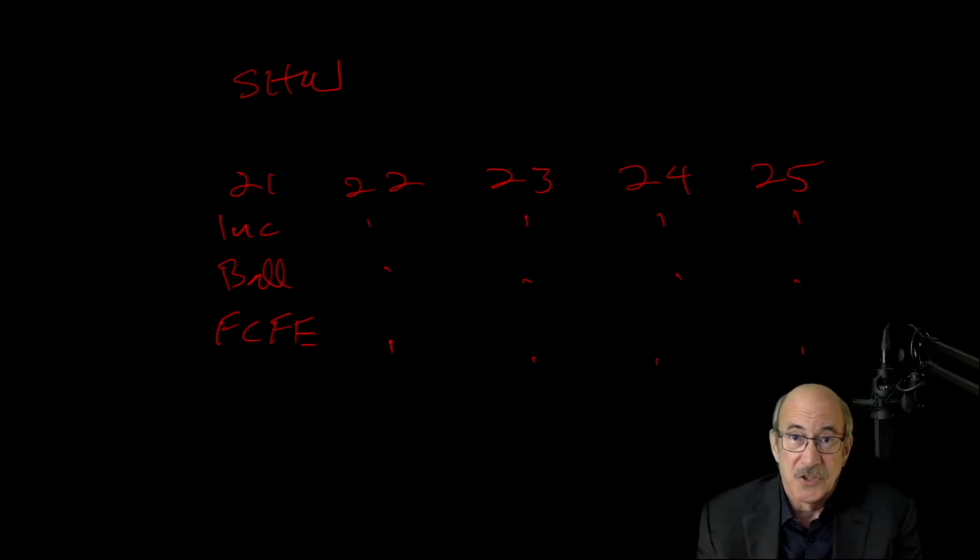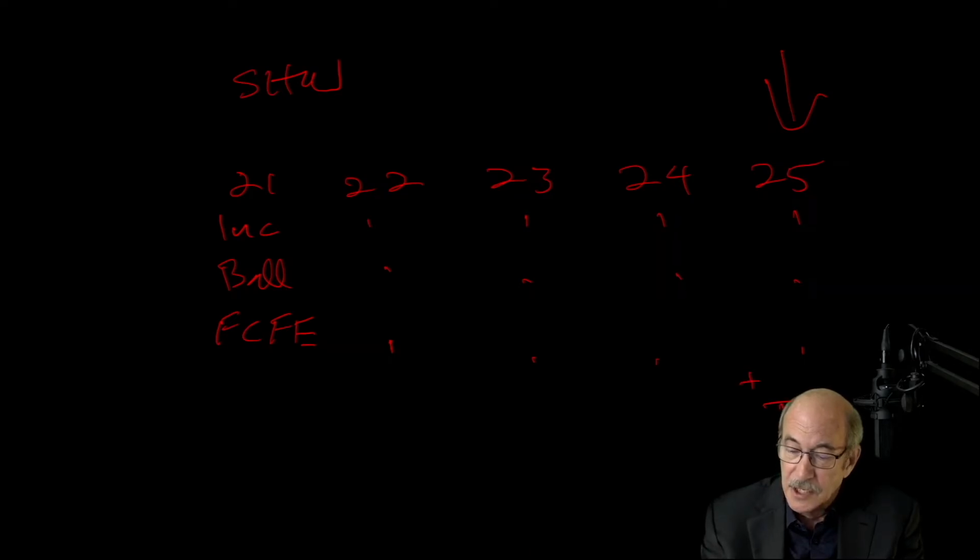Then one last thing you still need to do out here at year 2025 is come up with a terminal value for the value of the firm ongoing beyond 2025, and add that to that free cash flow to equity. That's going to be your 2025 cash flow.